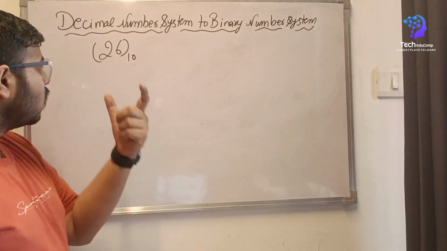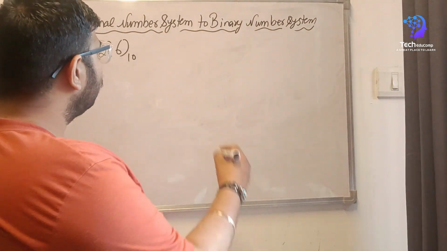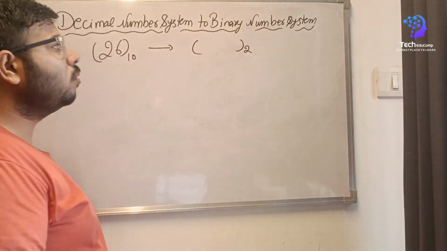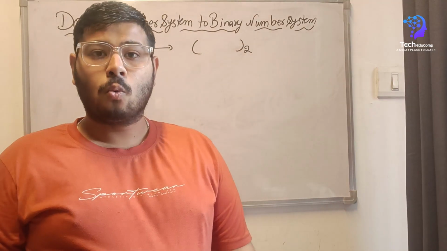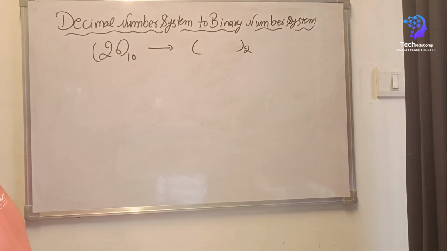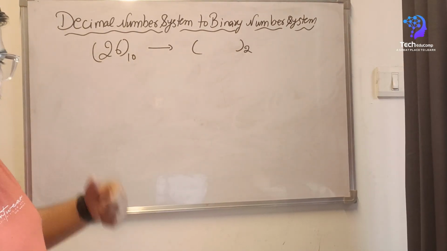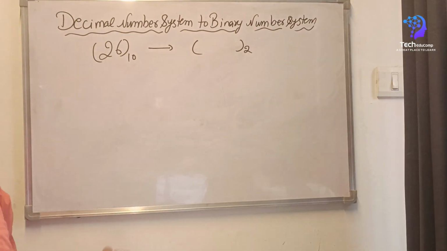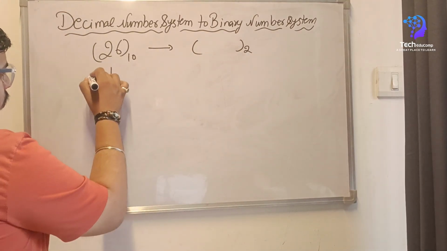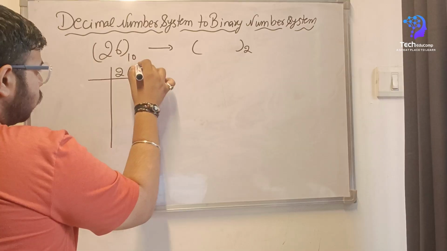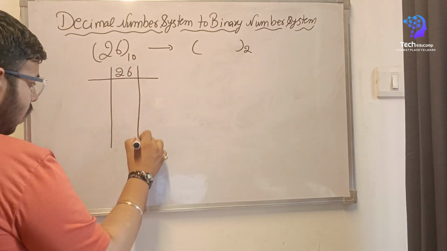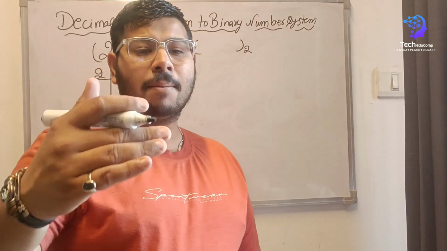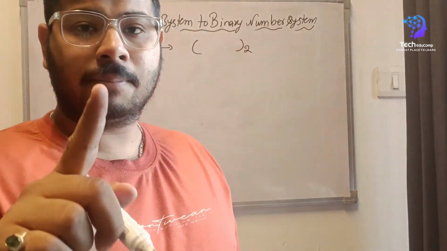For that, we have to convert this decimal number into the binary number system, which has a base of 2. We use a method called repeated division. You continuously divide 26 by base 2 if you want to convert to binary.